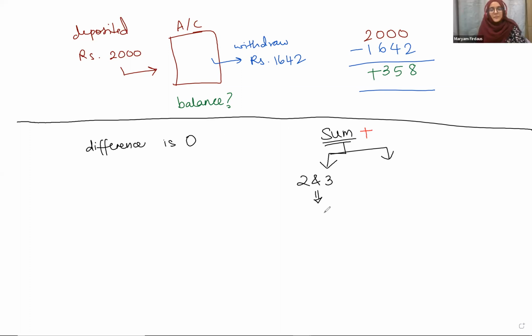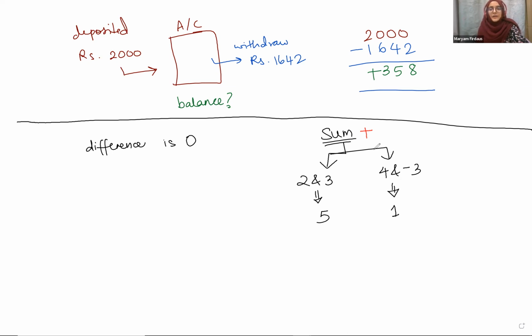Yes, it is 5. What is the sum of 4 and minus 3? It is 1. Yes, very good. So you're getting the hang of this.